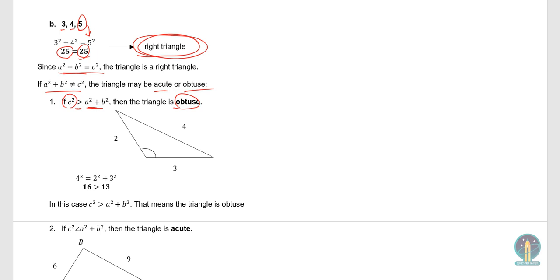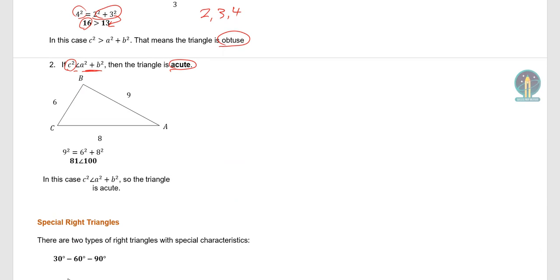If the c squared, the larger side squared, is less than the sum of squares of the other two sides, then the triangle is acute. Okay. So for example, for 2, 3, and 4, we have the larger side squared is 16, the sum of squares of the other two sides is 13, so this triangle is obtuse, right, for side lengths 2, 3, and 4.